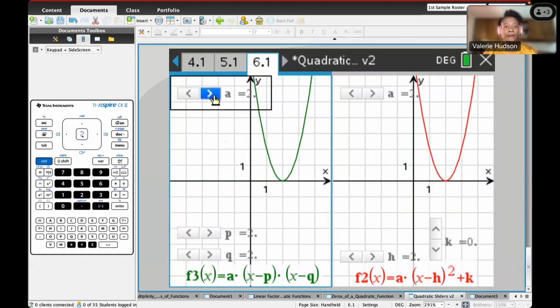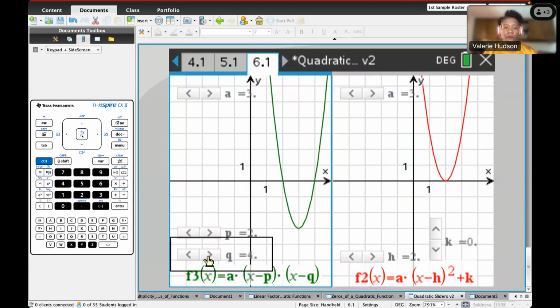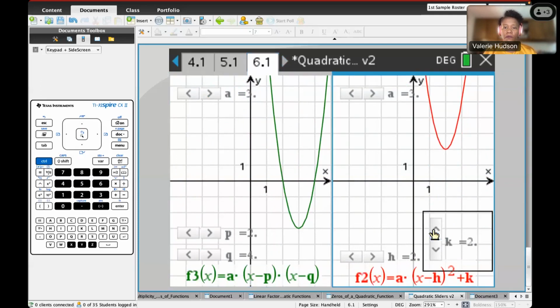And here. So again, just helping students to see the relationships between the various options that they have for quadratic equations and what's the benefit of using one equation over another one, depending on what we want.